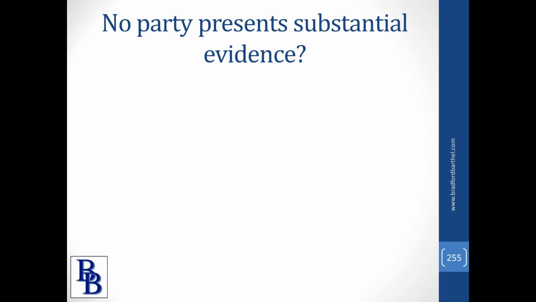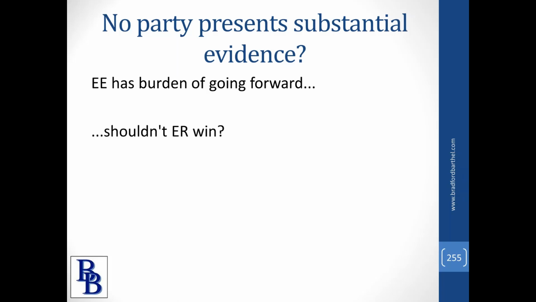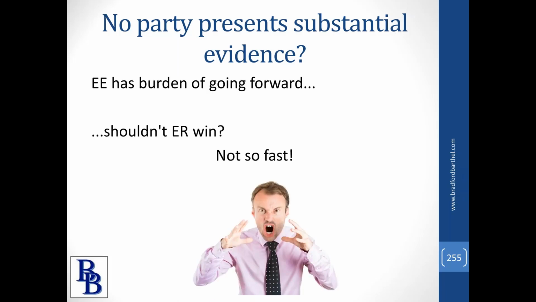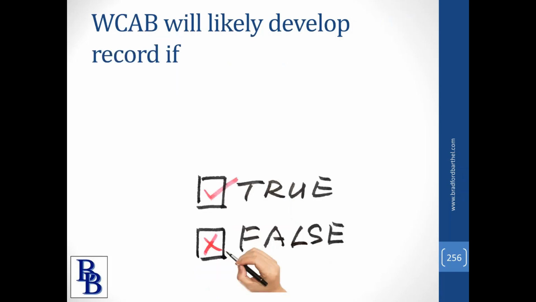No party presents substantial evidence whatsoever in the entire case. Well, normally it's the applicant that needs to go forward with the burden of demonstrating that they're entitled to benefits. So if there's no substantial evidence on anything, you would think the employer would automatically win. Unfortunately, we're in the workers' compensation system, and that's not necessarily the case.